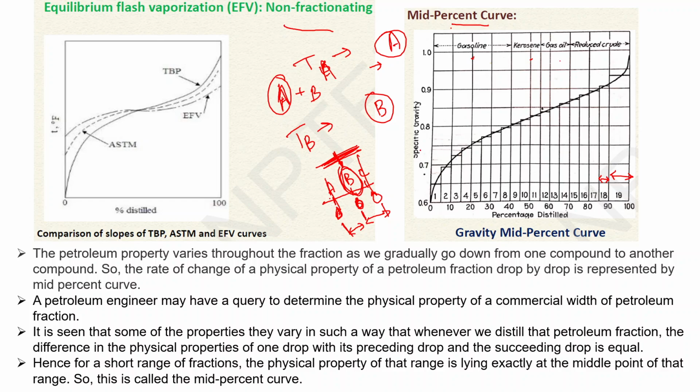If we take a fraction into account, suppose we need the properties of a crude oil of specific gravity, suppose 0.78, 0.79. Then to determine its properties, we can draw a line here, and this midpoint.